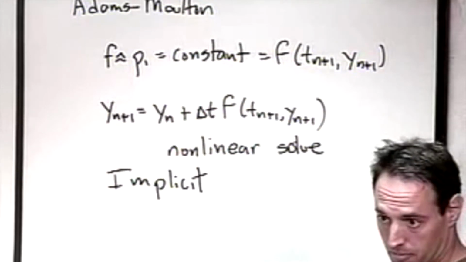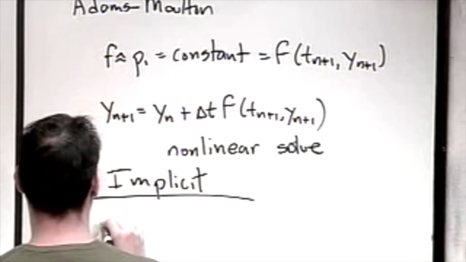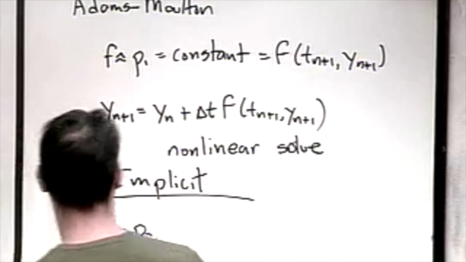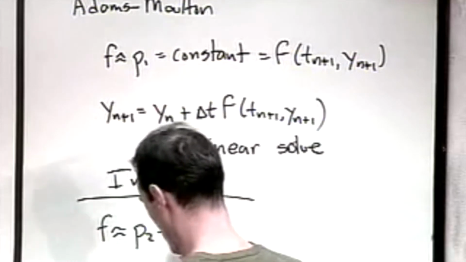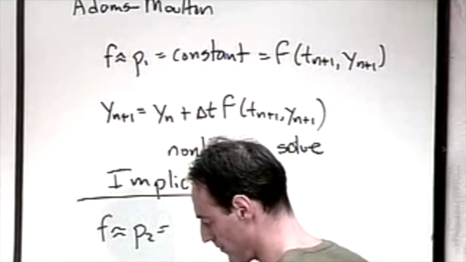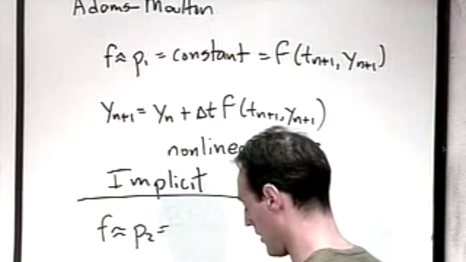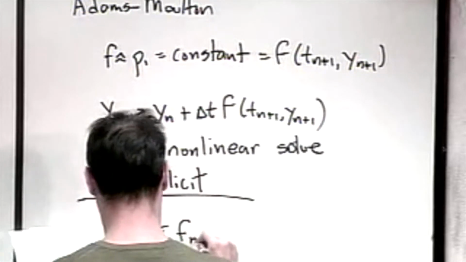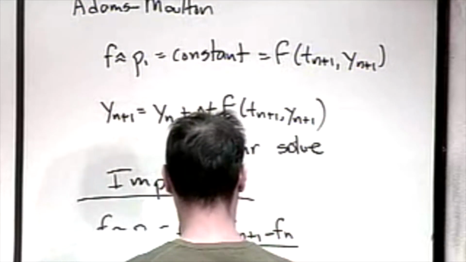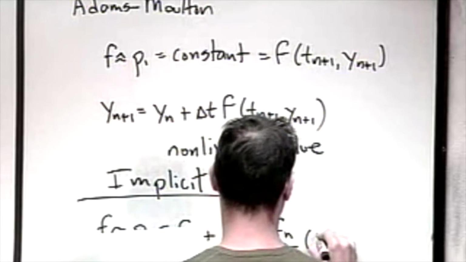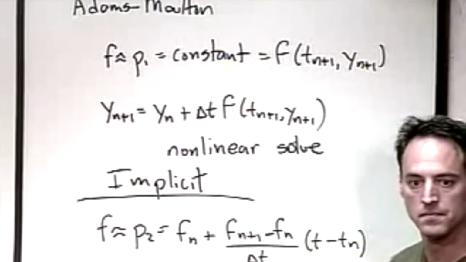Let's go one level up from this, which is a second order Adams-Moulton, which is now if we say f is a polynomial of degree 2 again. Now what we can do is, I'm going to do a line which goes through the current point and the future point.